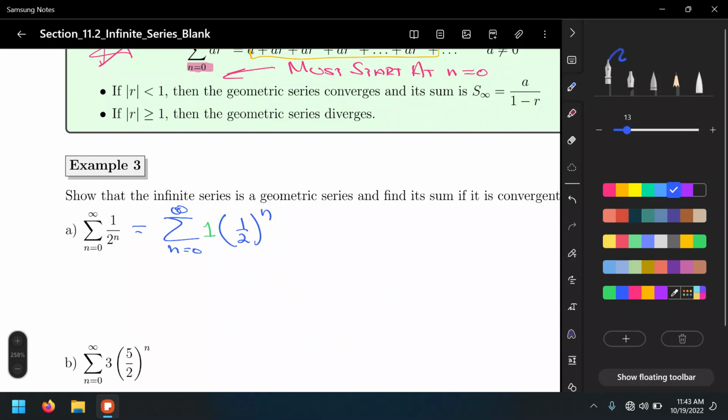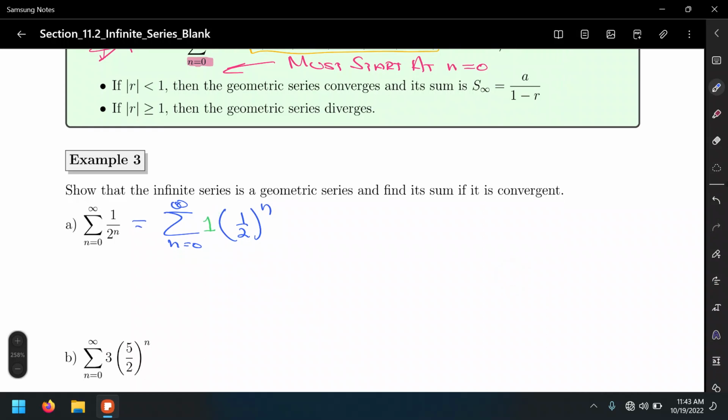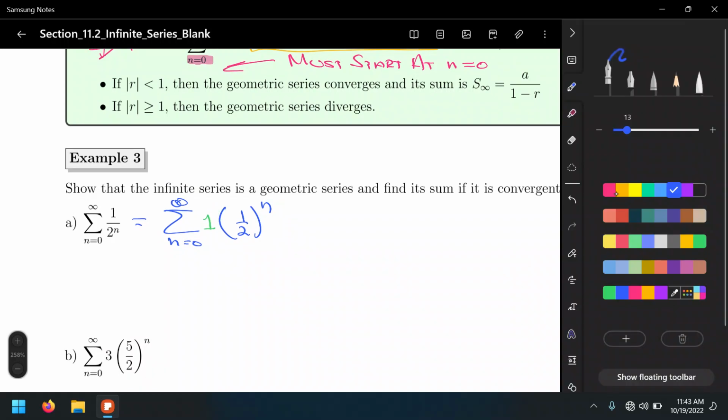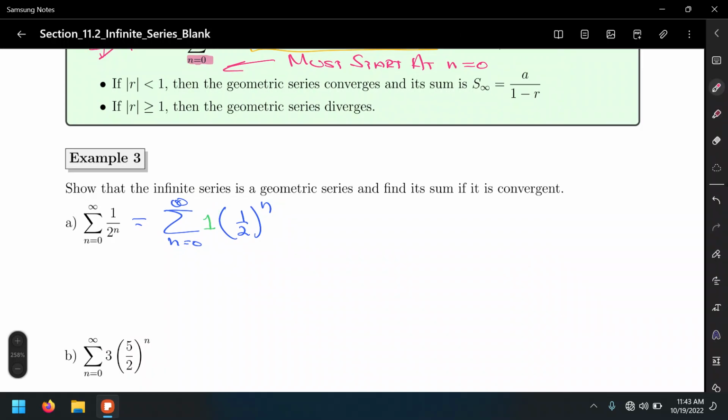Alright? So we need to identify the parameters of the series, and the two parameters are a, which is the first term of the series, and r, which is the common ratio. Let's list them. So a equals 1 and r equals 1/2.